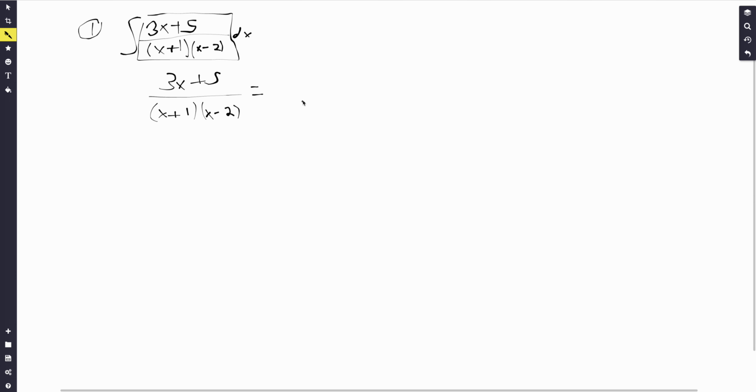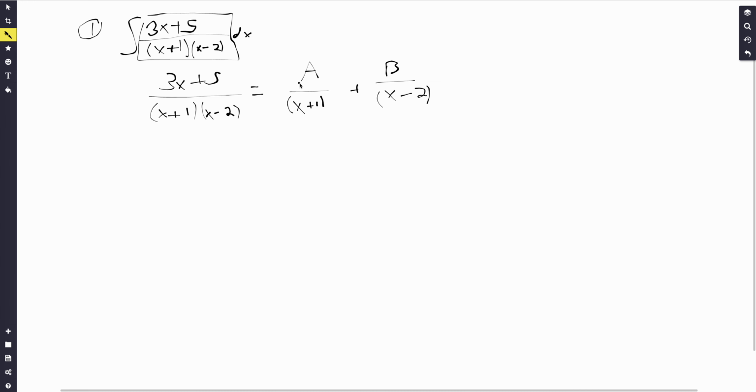So it'd be A, and then I usually go in order, so we'd use this denominator that we have right here of x plus 1, and then we'd do the plus sign, and then we have B here, and then x minus 2. Okay, we have our two factors.